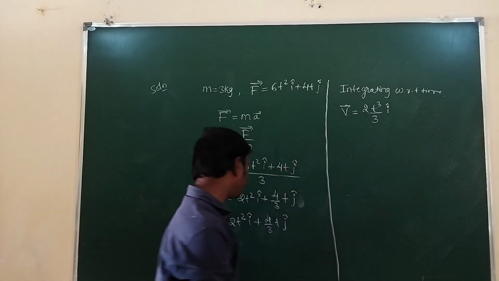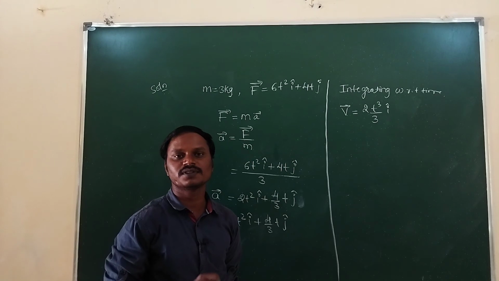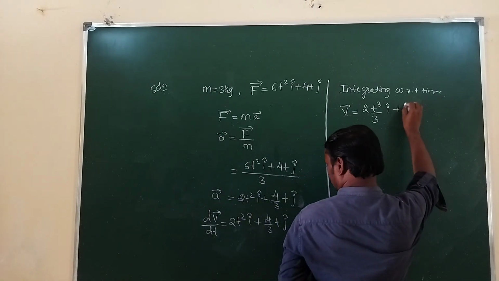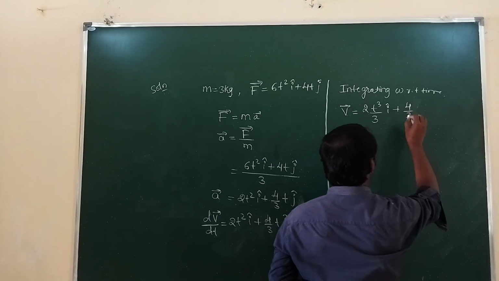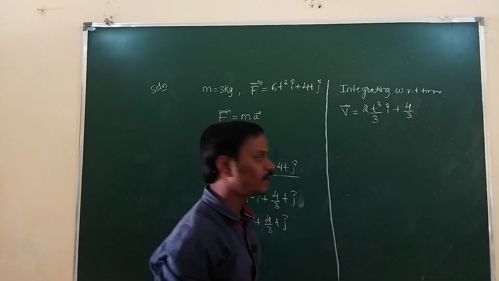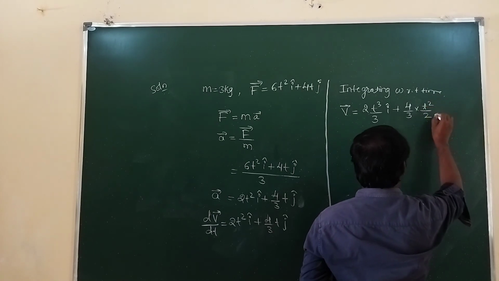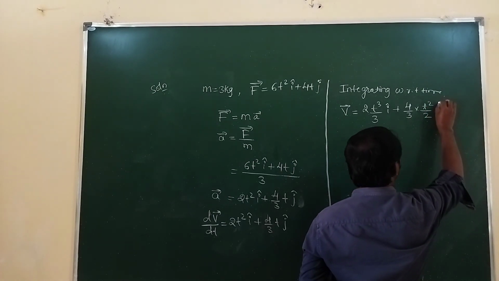What is the integration of t square? Integration of t square is t cube by 3. Plus 4 by 3, integration of t with respect to t is t square by 2, into unit vector j cap.